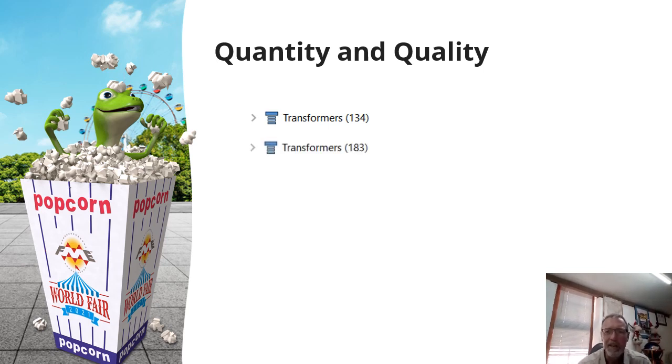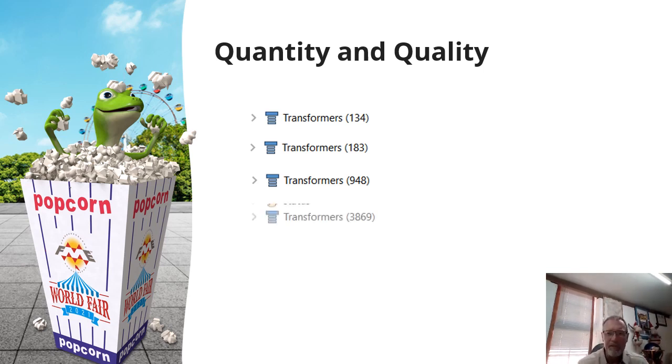And so another one had 183, and then we jump to a huge step. We had 948 transformers in a single model. And so once we start getting up around that quantity, we start to have performance issues.